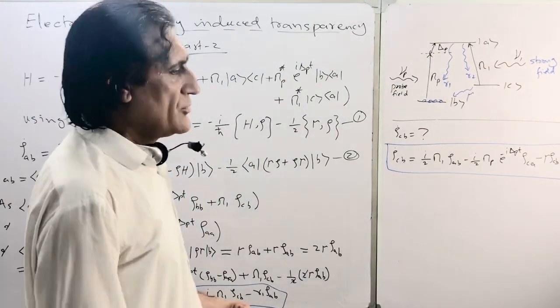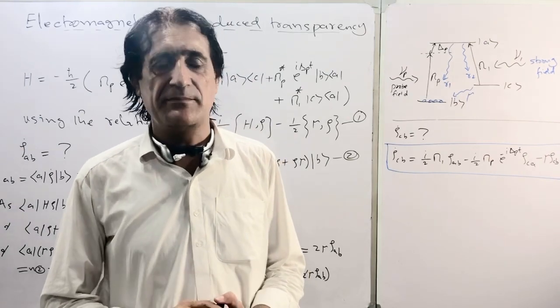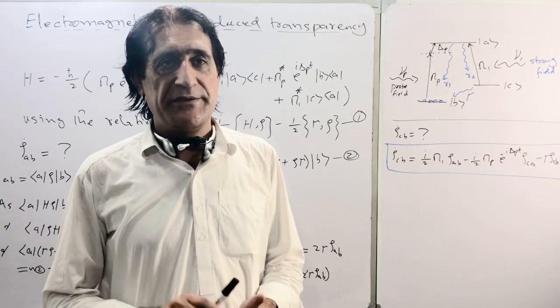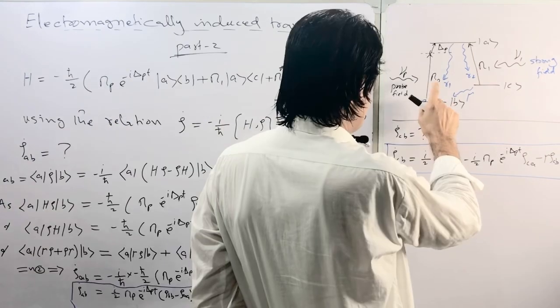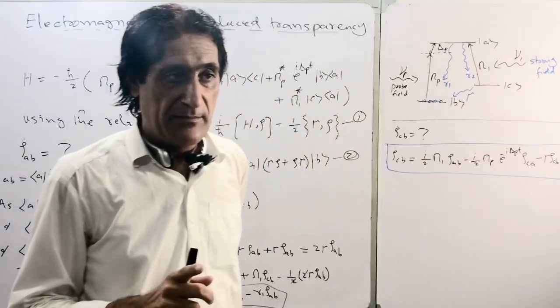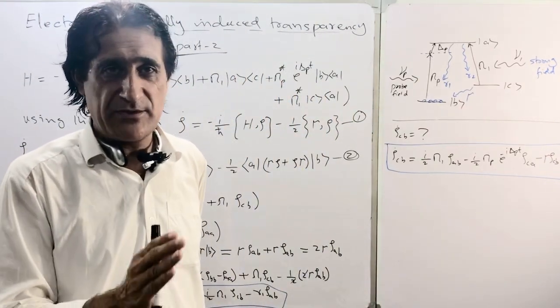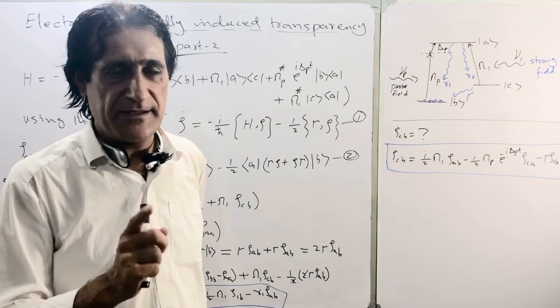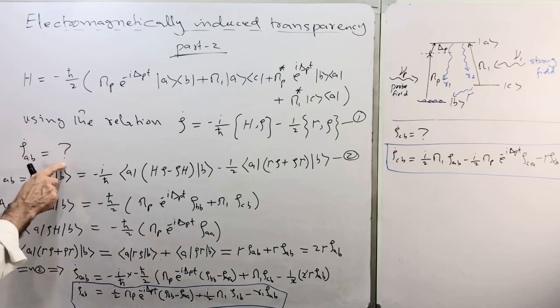Now, to find the optical susceptibility of the medium, we need to find out the coherence between these. We need to find out rho AB first, because this is the coherence that we need to find first. So rho dot AB, we need this one.